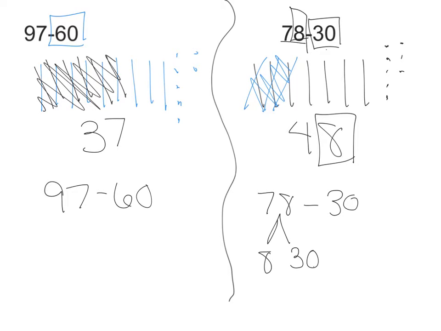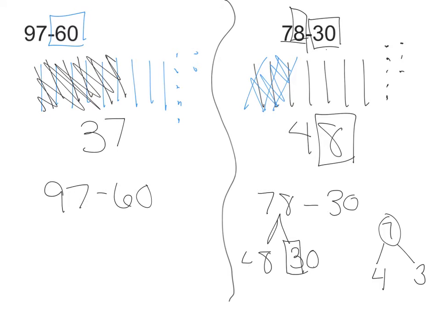Makes sense? Well, what does 3 10s plus how many 10s equal 7? Well, if I know my fact family for 7, I know that 3 and 4 make 7.